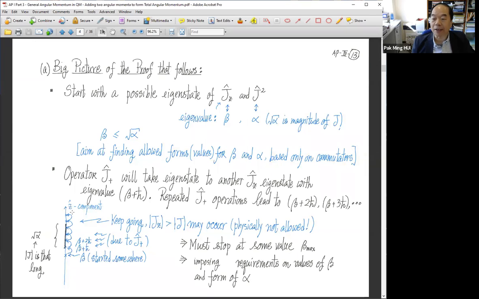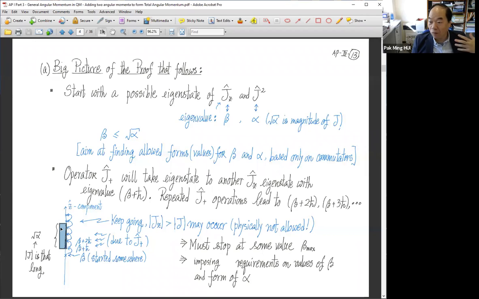Jz eigenstates. Now in the same picture, I intentionally marked off how long J square, the magnitude of J, that vector is. Immediately you see a problem, right? If I keep on operating J plus, it may go off bound, longer than the magnitude of the vector.